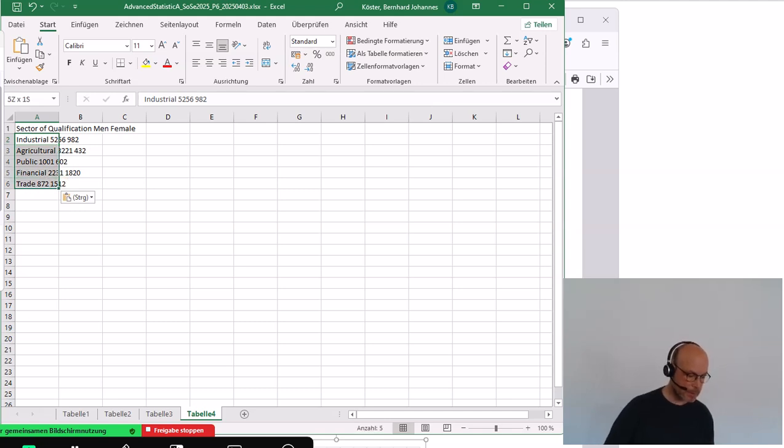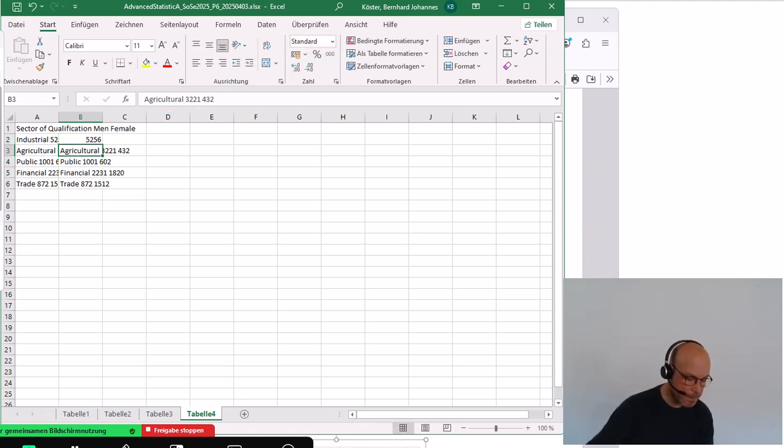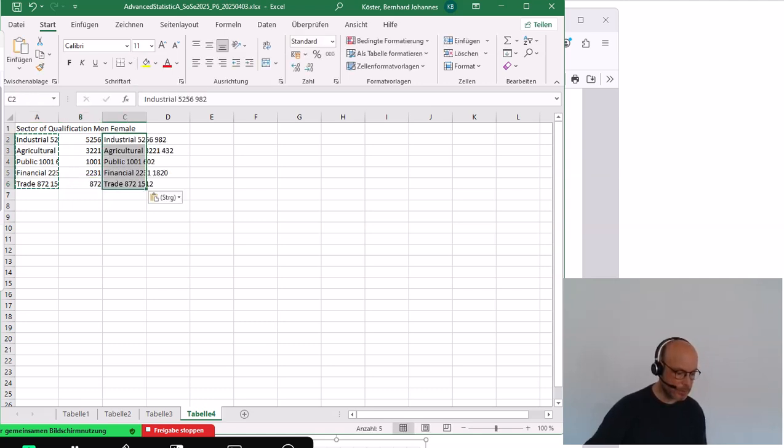Then let's copy this here and then we move this out, and this one, this, and this, this, and this, and this, and this, and this, and this. And this is of course also something like a competence that you hopefully get the data out from the internet as fast as possible.